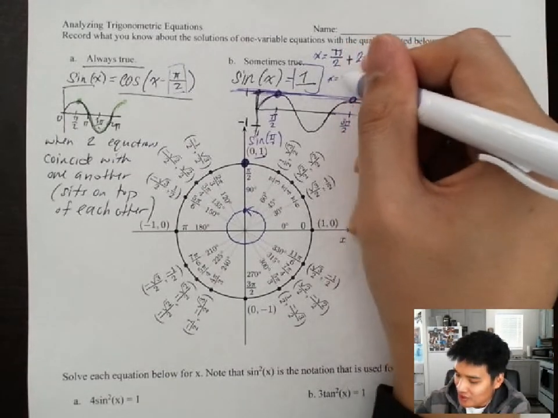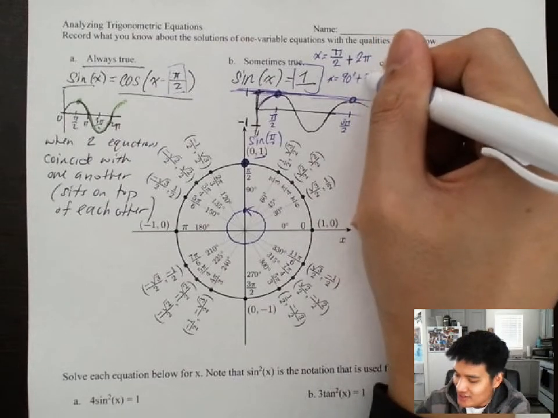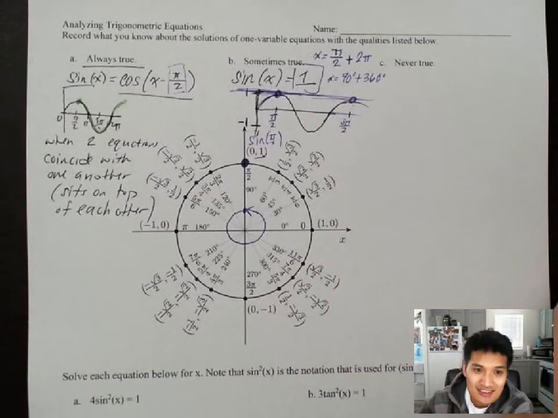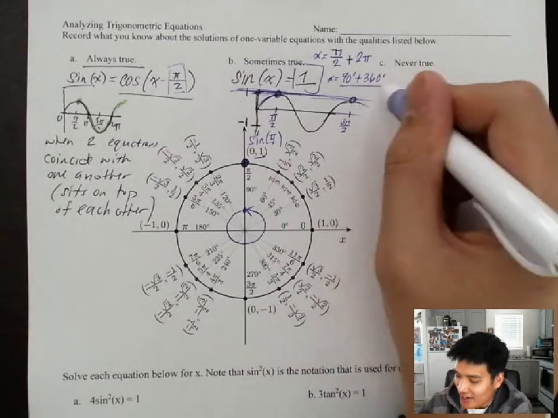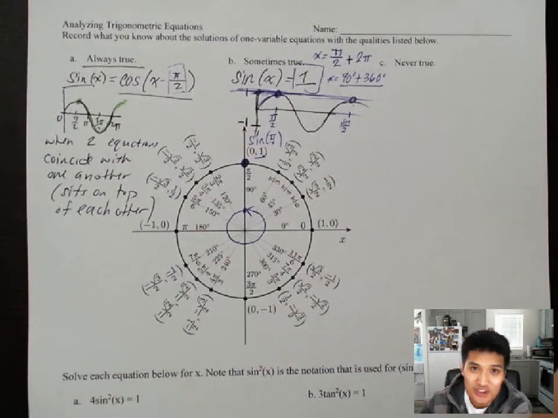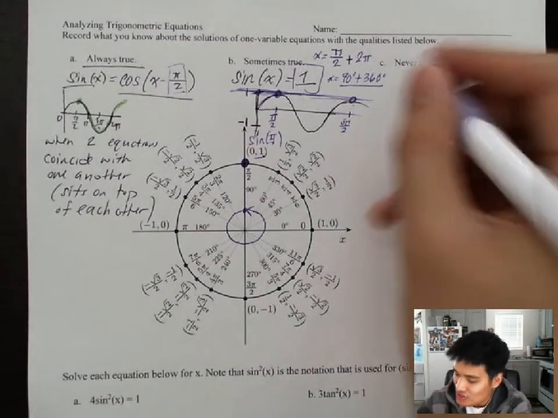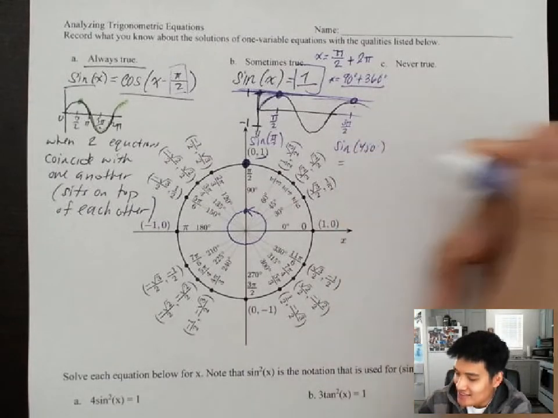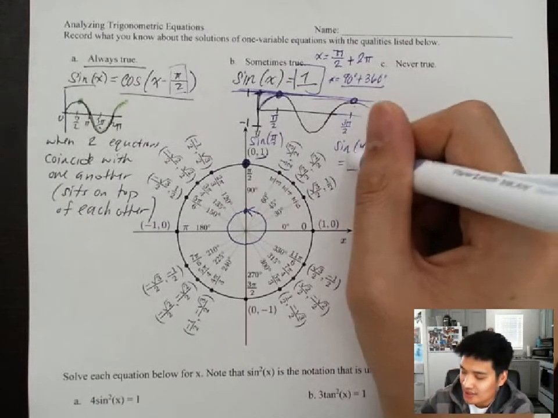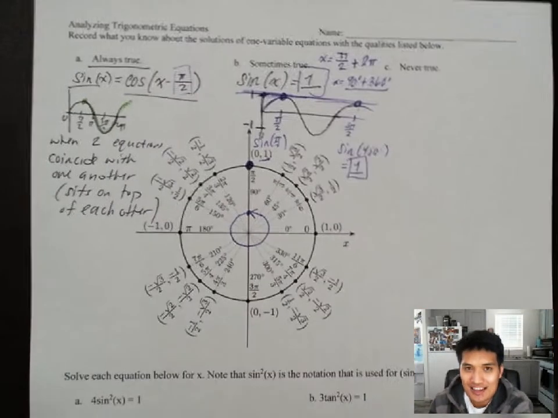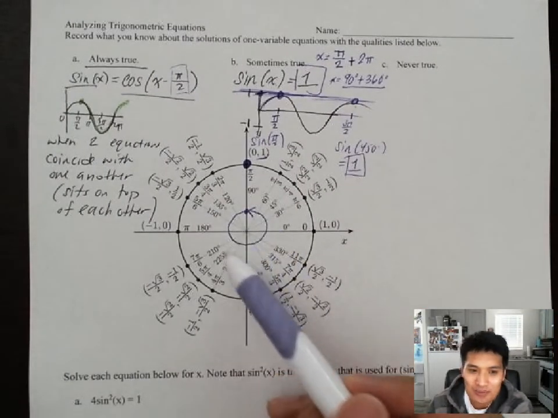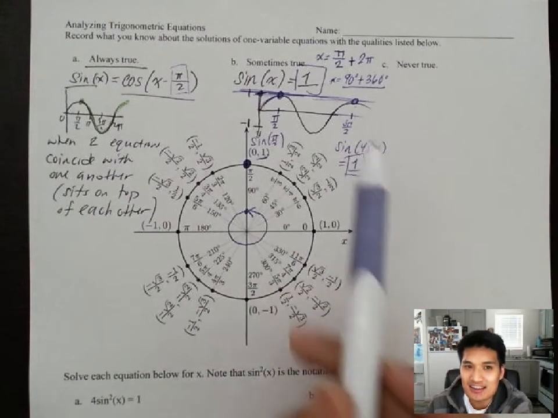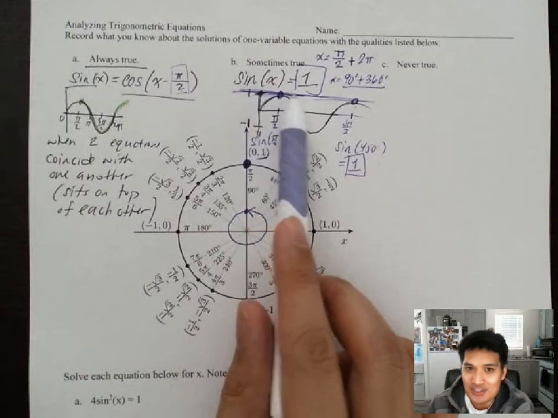If we are more comfortable with degrees, I can say 90 plus 360 degrees. Okay, if I were to plug this angle in for sine, I'm still going to get a 1. Okay, so in this case, if I have sine 450 degrees, that's still going to give me a 1 here. So what does that tell me? That tells me that no matter how many full cycles I do, the sine of that angle is still equal to 1.